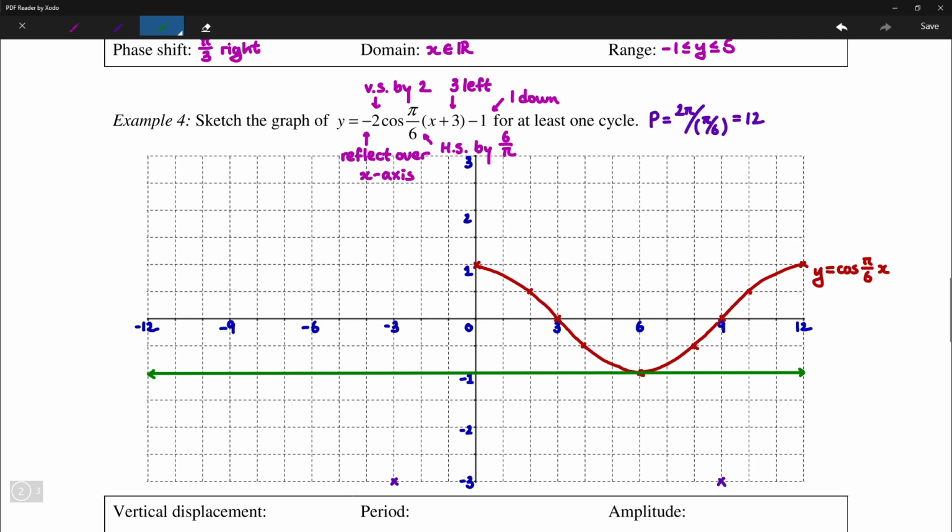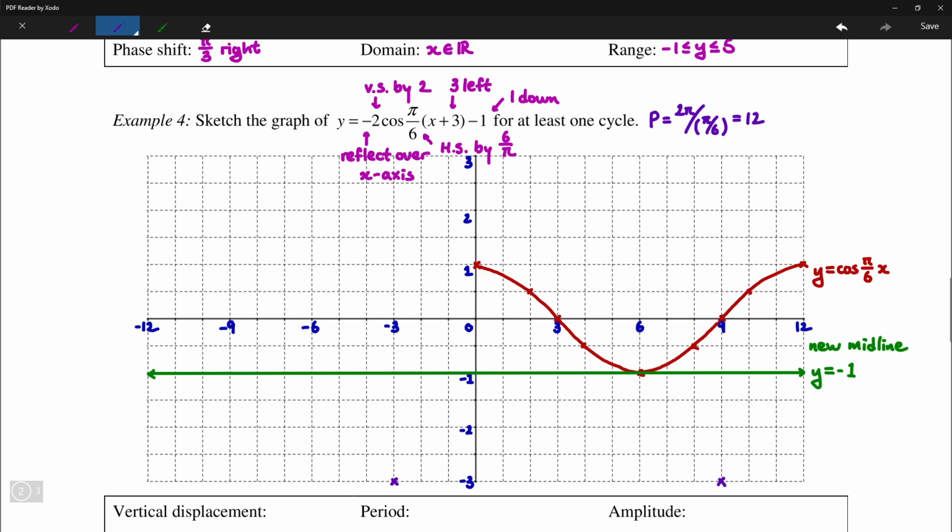So this will be the midline of the function that we're trying to graph right now. At this point, we can use the beginning and end points, and then use the first and third quarter and then the halfway point to construct the rest of this graph.